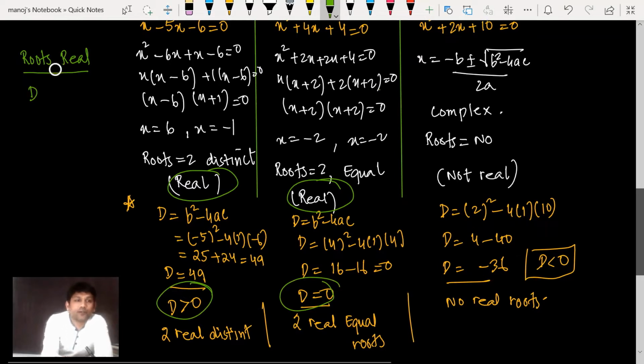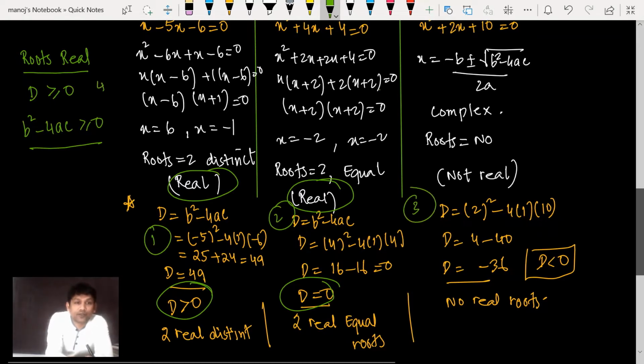So in this condition, the roots are real, we will write maybe greater than or maybe equal to, so we will write both conditions. Greater than or equal to 0, meaning b square minus 4ac greater than or equal to 0, when roots are only real. So this is the fourth case. Case number 1, case number 2, case number 3, and this is the fourth case you should know.